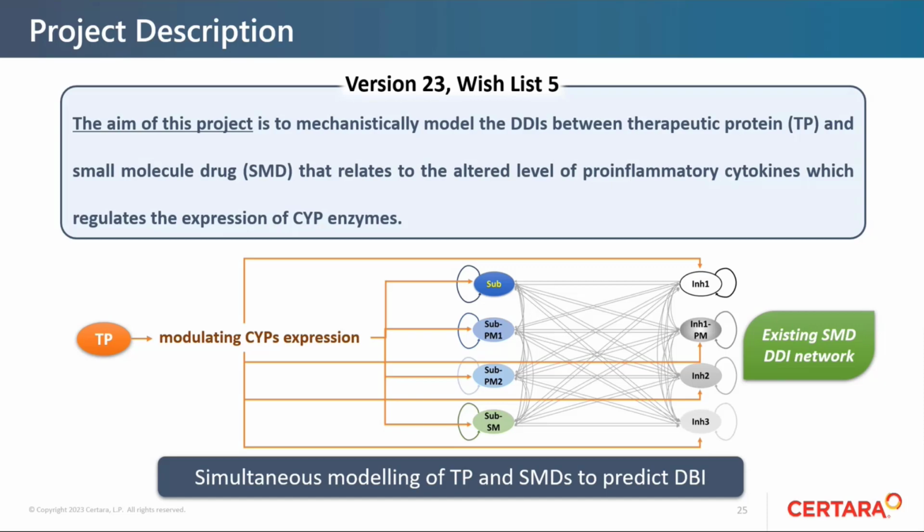Essentially, this project will bring the therapeutic protein into this DDI network through modulating CYP enzyme expression. This new module will enable the user to model the cytokine or cytokine modulator as a large molecule, accounting for its DDI mechanism, clearance of therapeutic protein, as well as the co-medication in the patient population. That is exactly what ICH and FDA have suggested in their guidance.